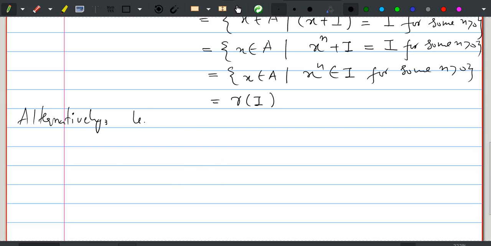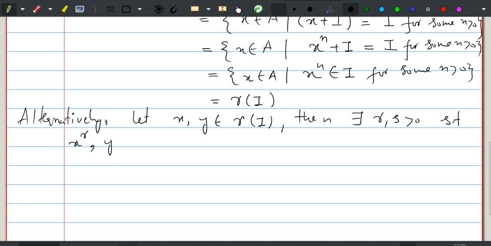So let x and y be two elements in the radical of I. So then that means there exist some positive integers, say r and s, such that x to the power r and y to the power s are both elements of I.